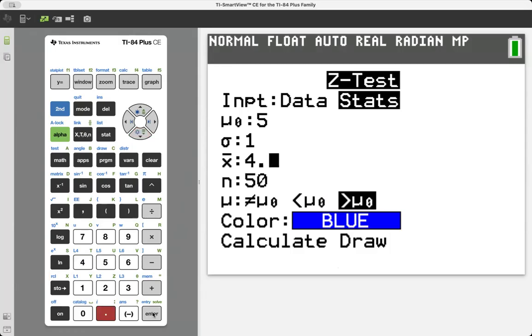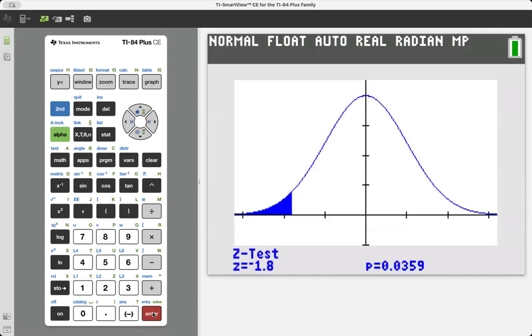The x-bar provided in this problem is 4.7 and n is 36. The direction is less than. I like what draw did for us last time, so I'm going to do that again, and we can get our p-value and look at the picture. We get a p-value of 0.0359, and you can see it's being shaded on the left-hand side.